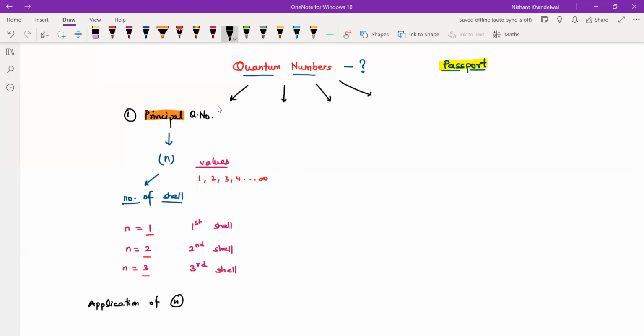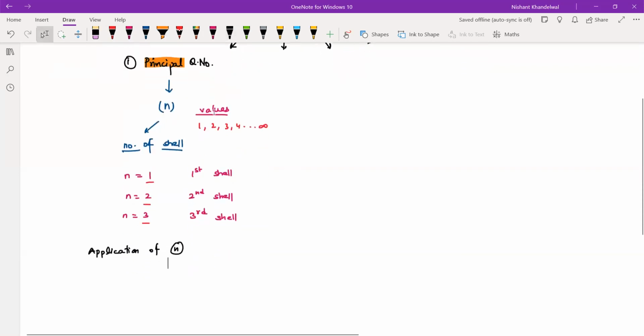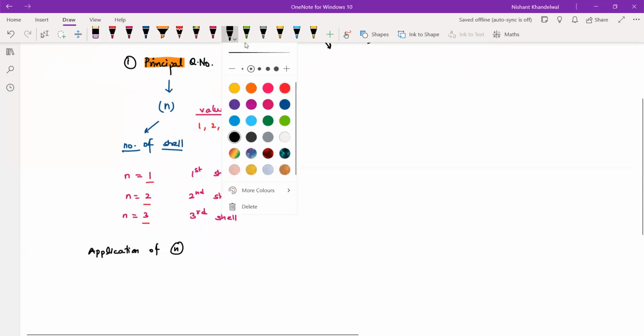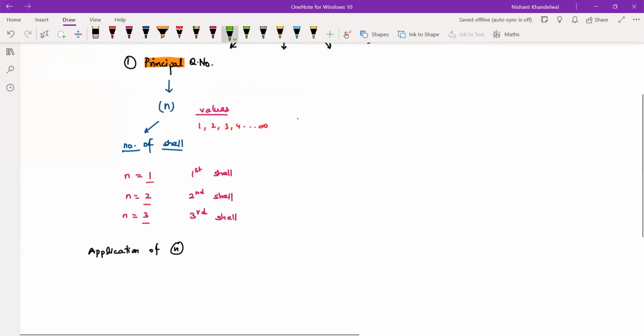If you know the value of n, you can tell the number of electrons present in a particular orbit or shell. So the first application is electrons present in a shell, and it is given by a formula known as 2n square. Suppose n is 1.